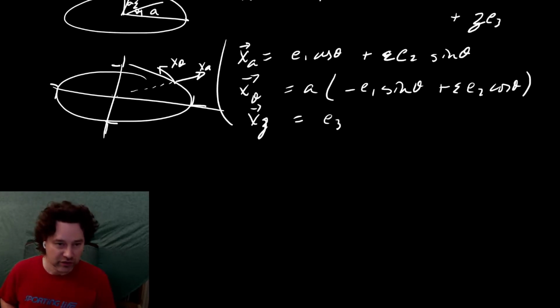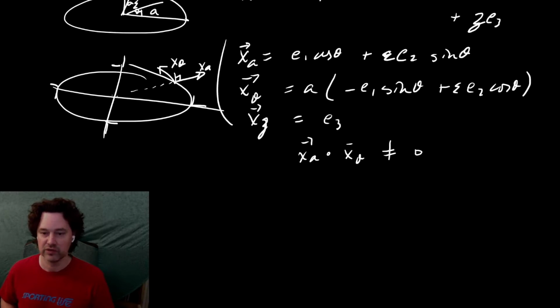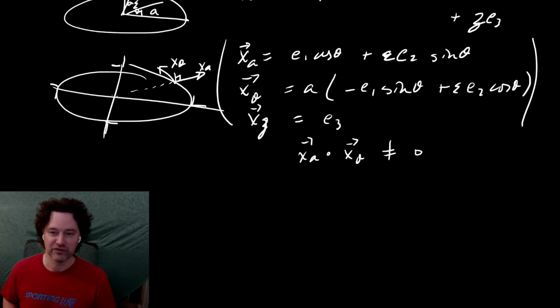So at any other point, this is not a right angle. So our x_a dotted with x_theta is not equal to 0. So how do we compute our reciprocal frame vectors for something like this? This is an example showing that it's not trivial, and we have to figure out how to do it.